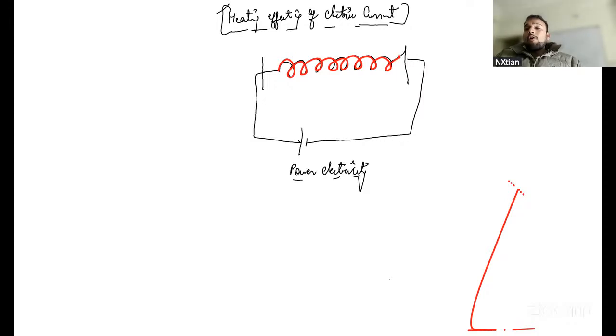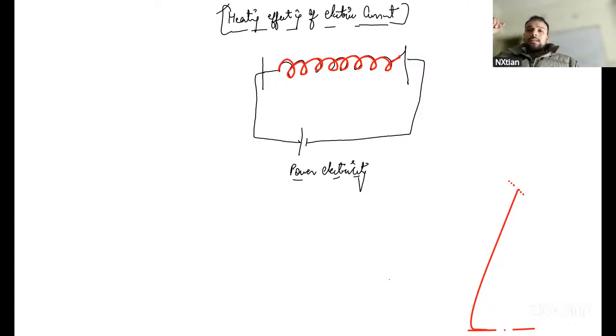How much heat will dissipate from this depends on time also. Like if you are using a heater for 8 hours, 10 hours, then you know what will happen. The wire from which the electricity is coming will burn, because the heating increases with time also.